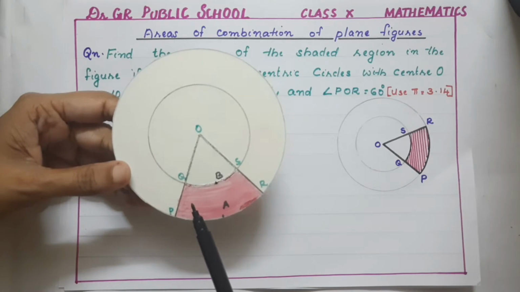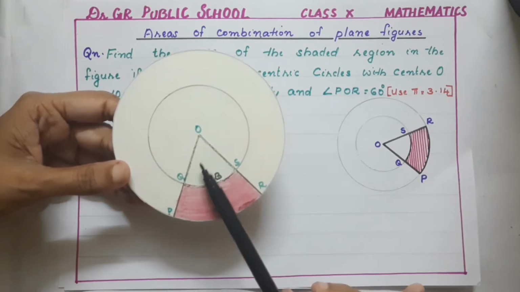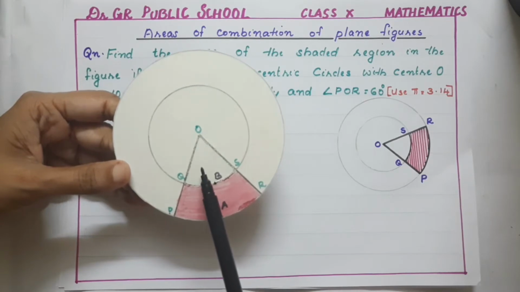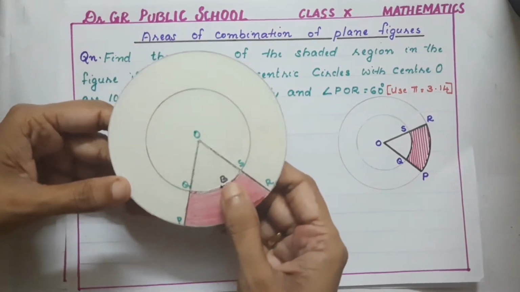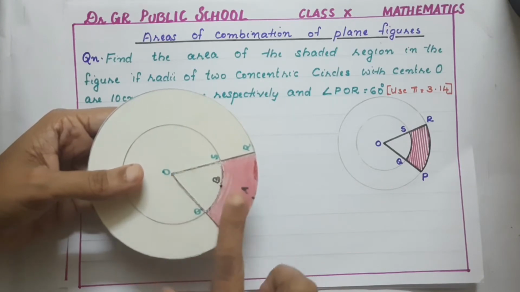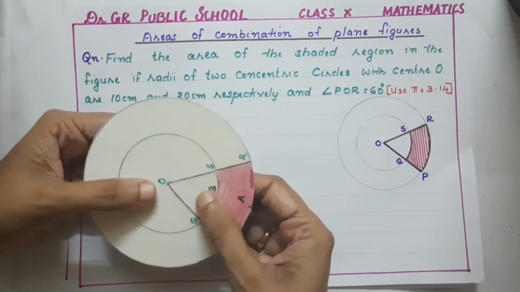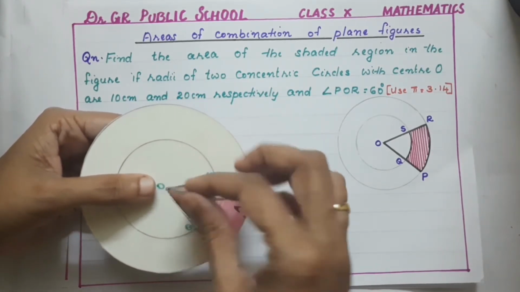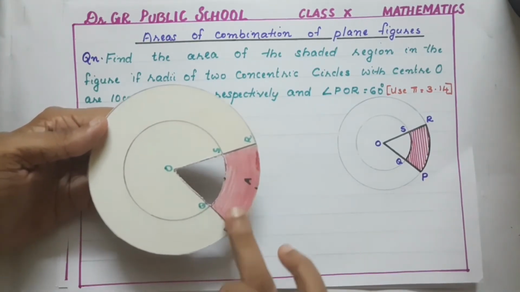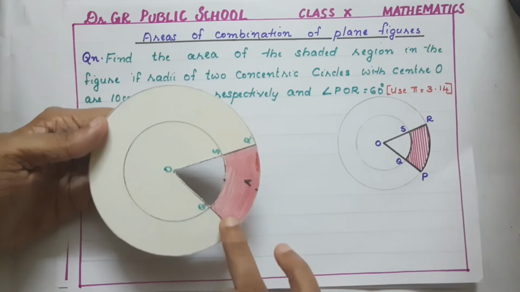OQBS, isn't it? When from the larger sector we remove this small sector area, we will get the shaded region only. Isn't it?